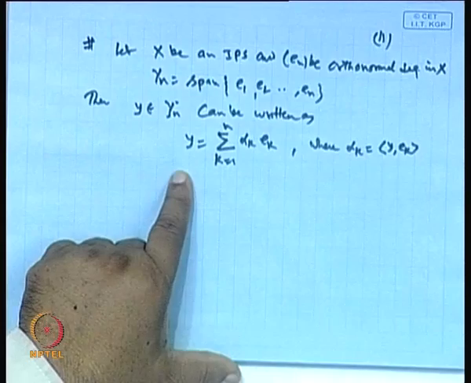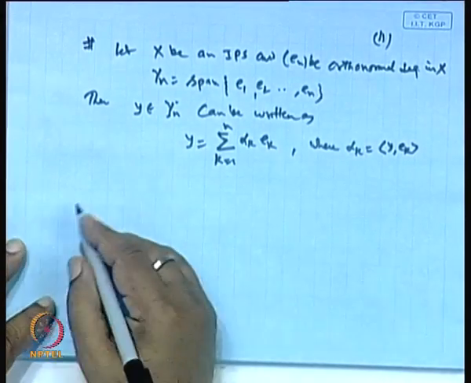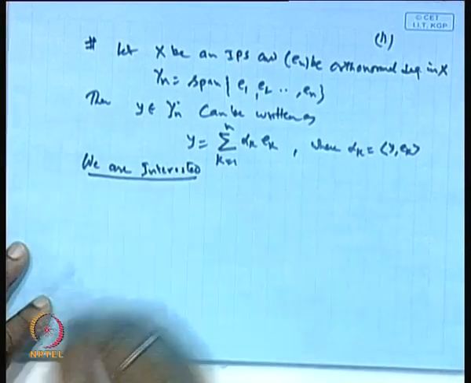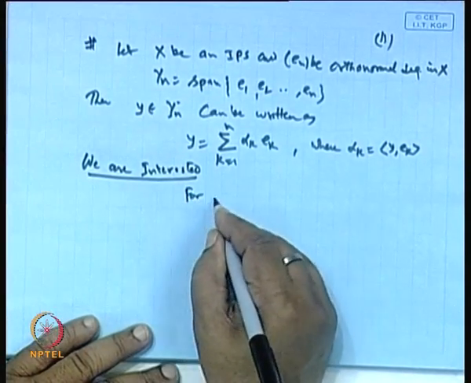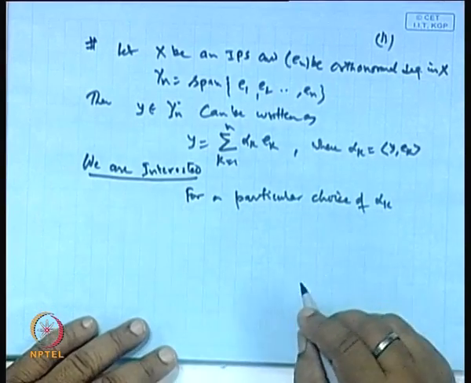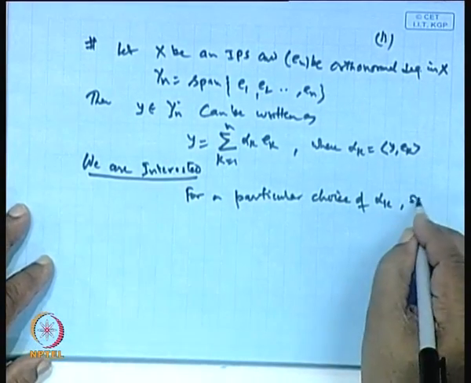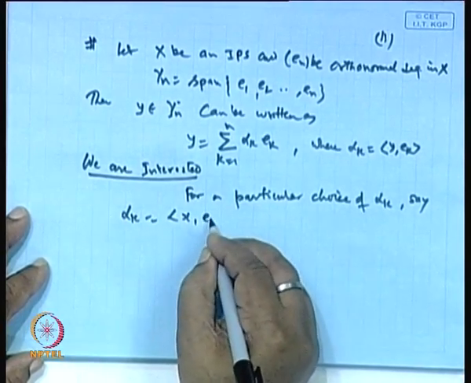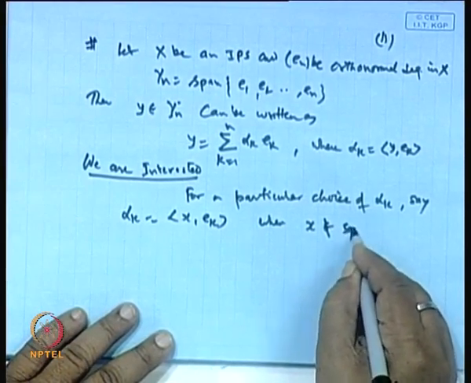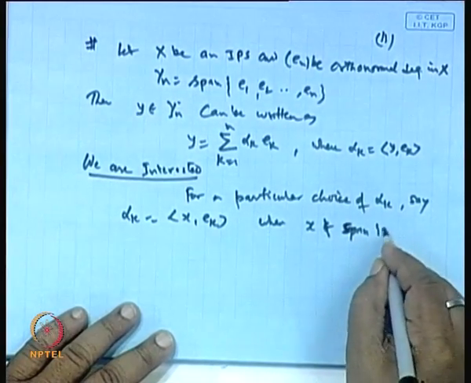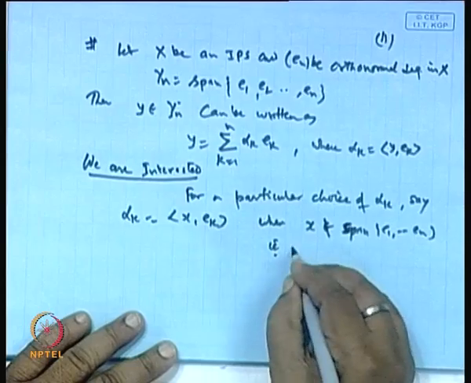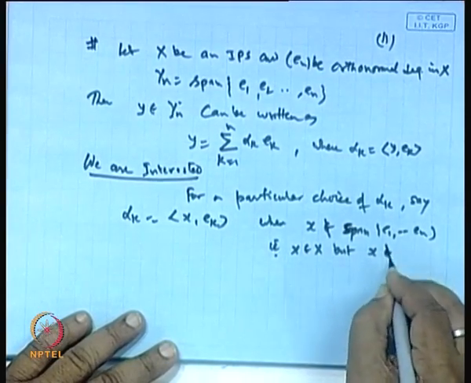So, what we are interested in is, for a particular choice of alpha_k, say alpha_k is the inner product of x and e_k, where x is not an element of the span of e_1, e_2, ..., e_n, that is, x belongs to X, but x is not an element of Y_n.